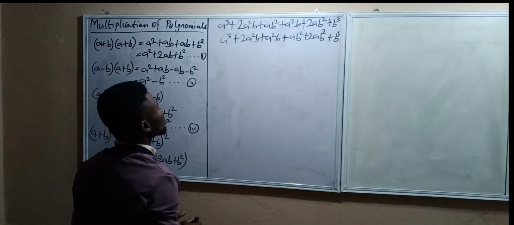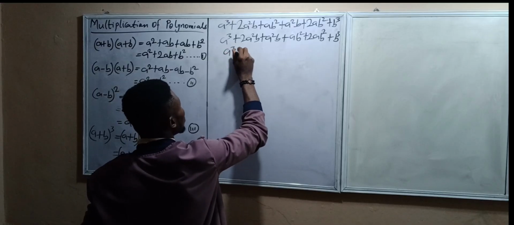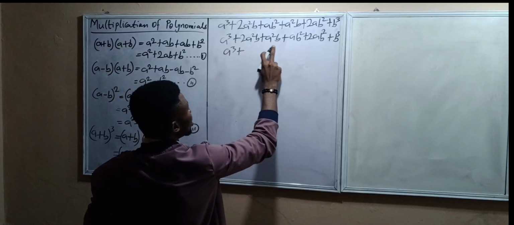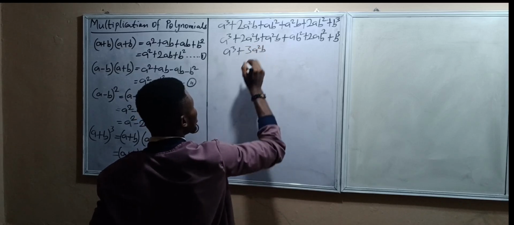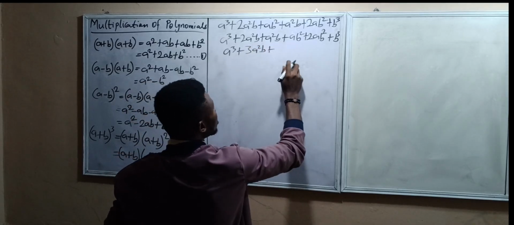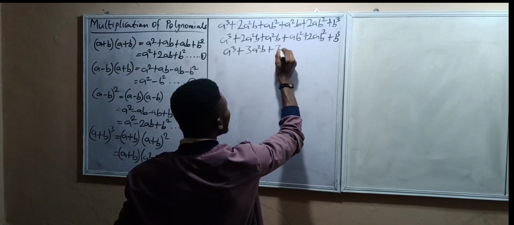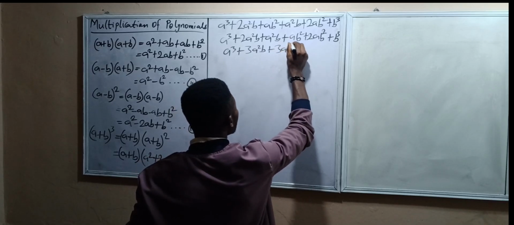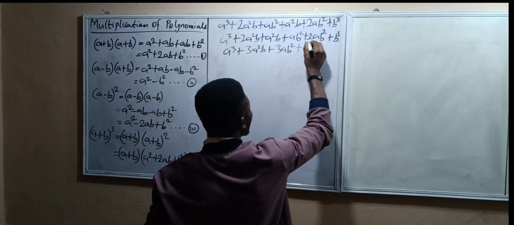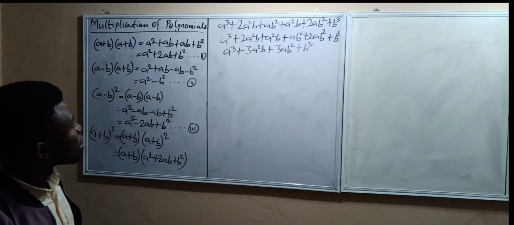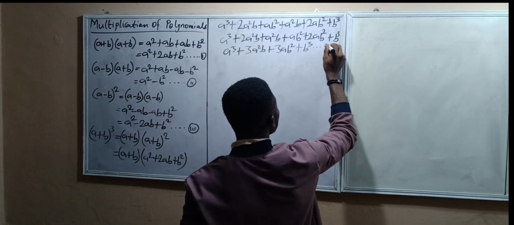So we've collected like terms. So we have a cubed plus 2a squared b plus another a squared b, that is 3a squared b. Now plus ab squared plus 2ab squared, that is 3ab squared. Now plus the last one, plus what? B cubed, right? So you note this equation also. This is the fourth one.